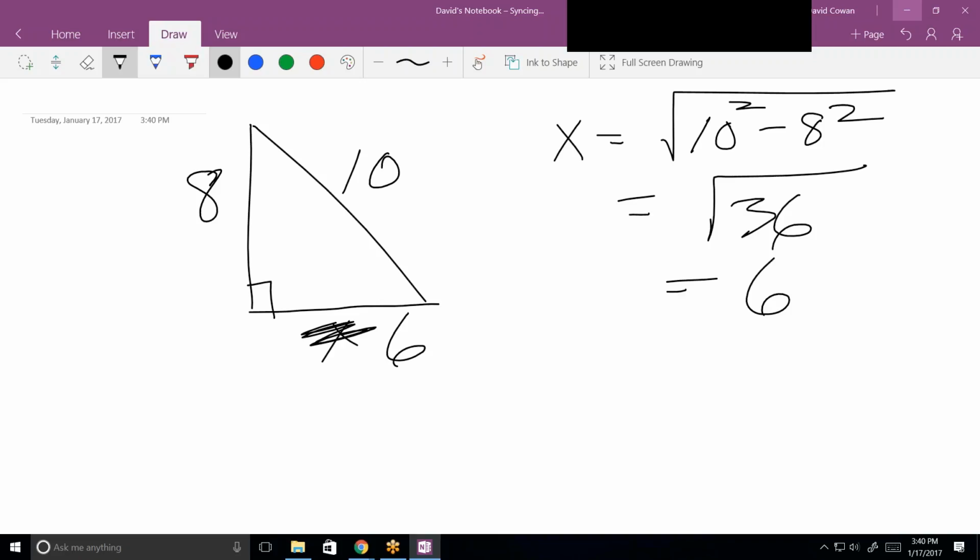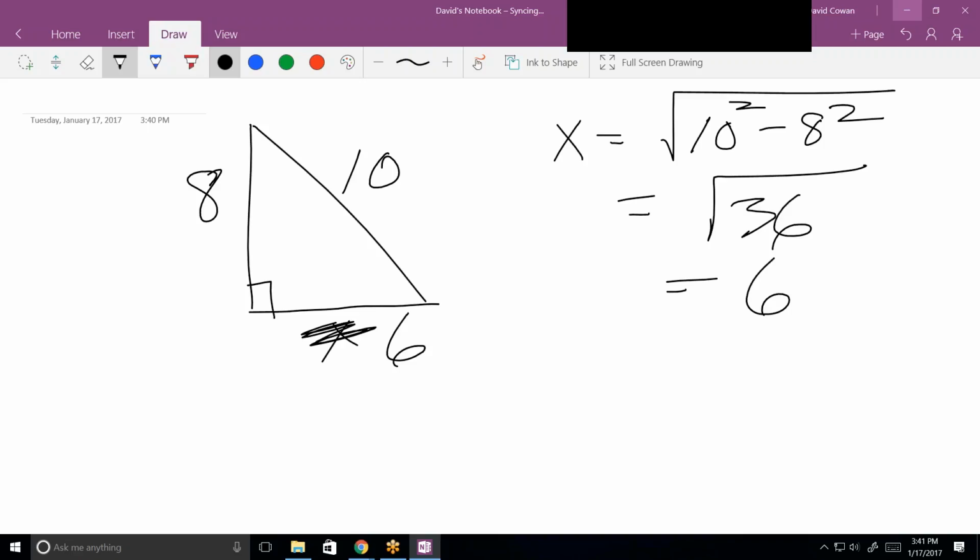And 3, 4, 5 triangles or multiples of those, this is 2 times a 3, 4, 5 triangle, are just huge. When you take your SAT or ACT test, you'll have at least 6 problems on there that will have a 3, 4, 5 triangle in it, or a multiple of 3, 4, 5. And that multiple could be 6, 8, 10. It could be 30, 40, 50. They're all 3, 4, 5 triangles. Okay?